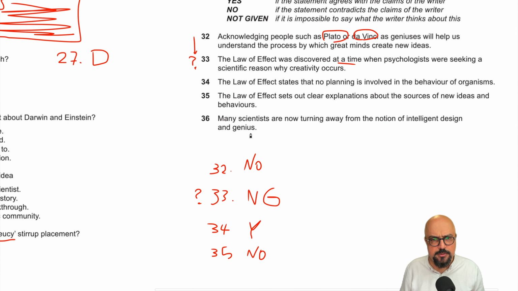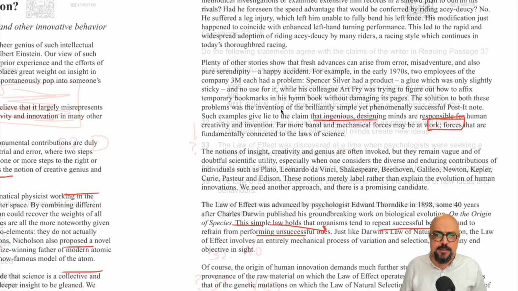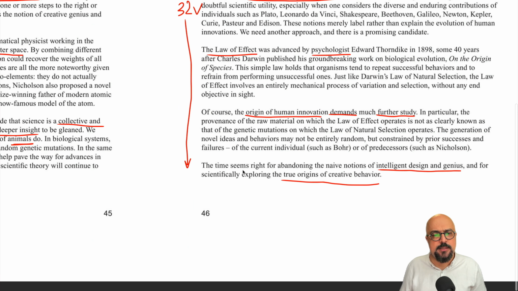Are now turning away. That's tricky. Now turning away. So if it's now turning away, it means it's happening now. But the text says the time seems right for abandoning the naive notion of it. So the writer believes that it's the right time to do so.